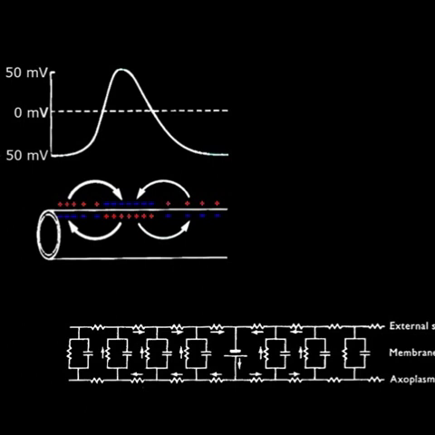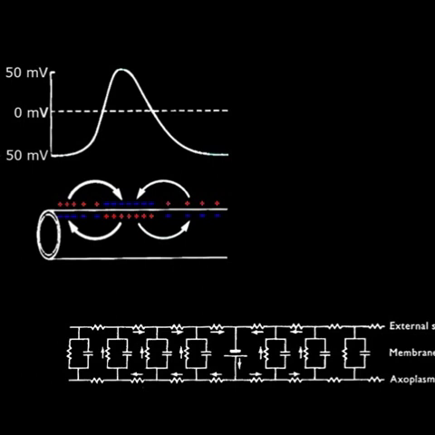So what affects this movement along the axon? Well, we can model axons with a mess of resistors and capacitors and resistors inside. So here we've got the resistance of the plasma membrane across the top and along the bottom, and the internal resistance of the axoplasm and the internal capacitance of the axoplasm.